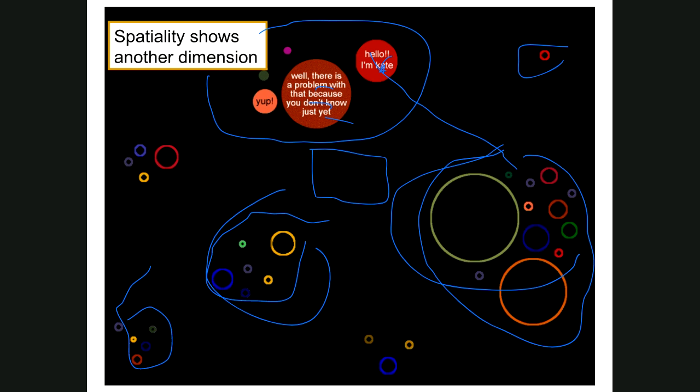If people are interested in talking about it, they will move their circle towards that headline. Or I can take a picture and drop it there, or a document. Then you come in closer and talk, just like in an art gallery. You go closer to the exhibit and start talking about it.